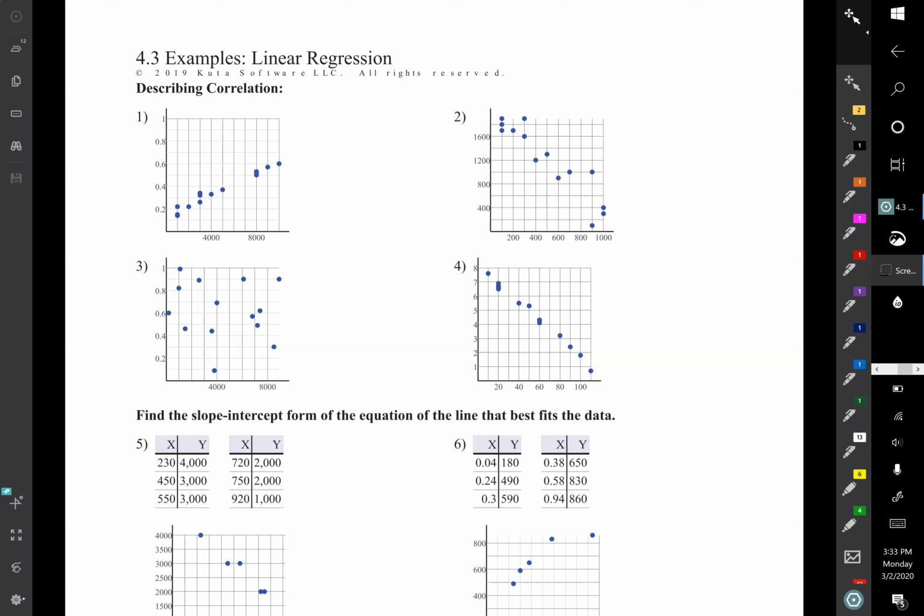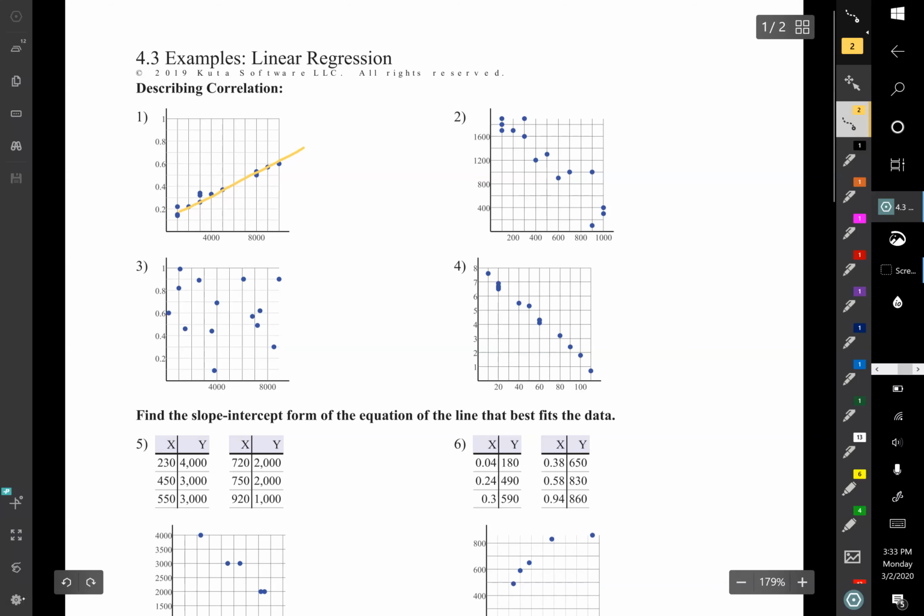Number one, you can see there's this little graph that has a bunch of dots on it. And if you looked at those quickly, it goes in a straight line. So if we read from left to right for graphs, we are going to look at that as increasing from left to right.